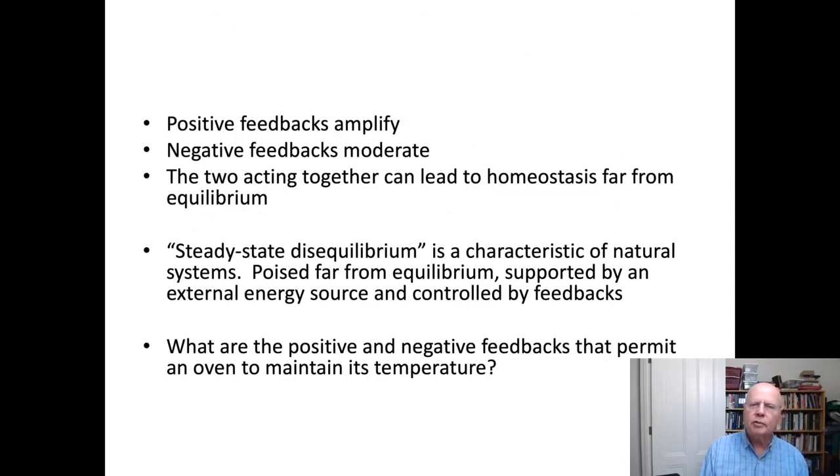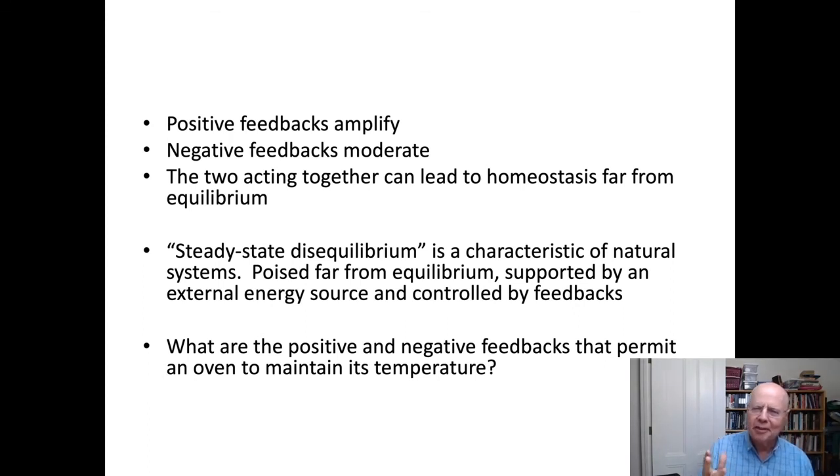Now, there are two types of feedbacks that are important. One is a negative feedback. You push in one direction and something pushes back. And the other is a positive feedback. You push a little bit in one direction and you get a big push. So a positive feedback is like a trigger. On a rifle, all you need to do is pull a little trigger and a huge amount of energy is released.